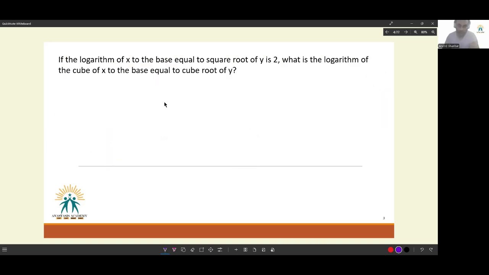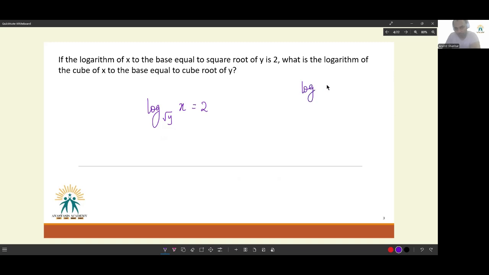Next, this is more language-based tuning. If the logarithm of x to the base equal to square root of y is 2, log x to the base square root of y is equal to 2, what is the logarithm of the cube of x to the base equal to cube root of y?